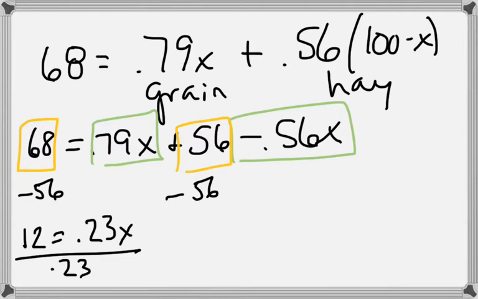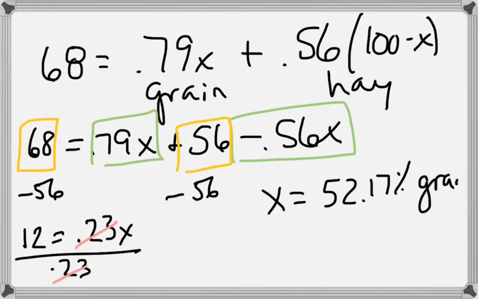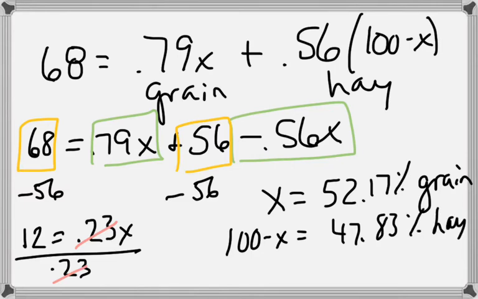Divide both sides by 0.23. That cancels out. We wind up with x equaling 52.17% grain, because the x was grain, and then 100 minus x equals 47.83% of the hay mix. Again, that's all on a dry matter basis.